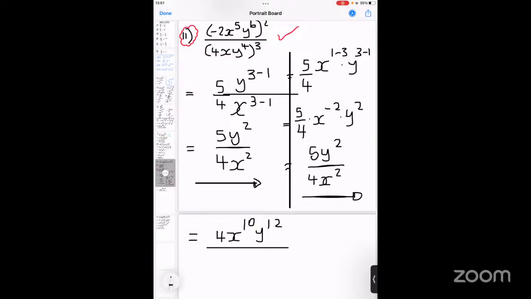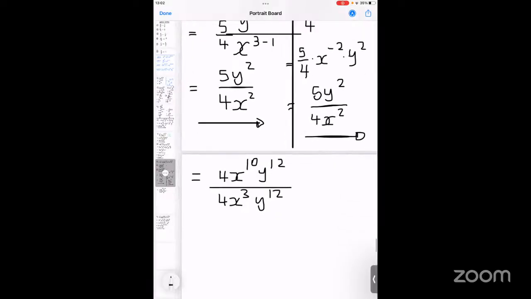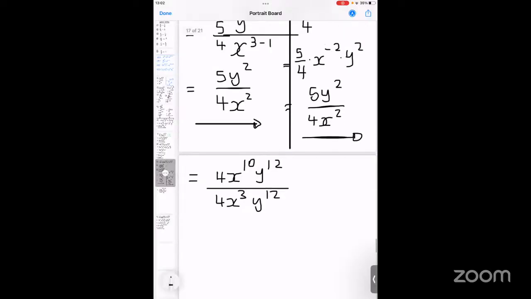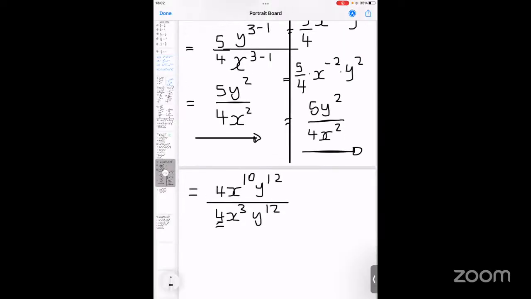I wrote 4x to the power of 3 and y to the power of 12. Okay. From there, you would be able to work it out. But why are you having 4 there, Manahil?